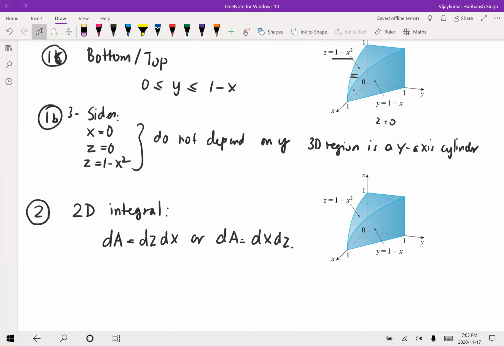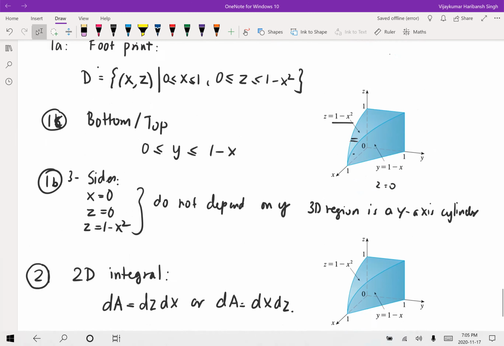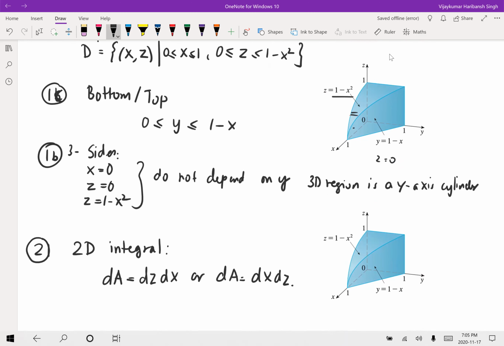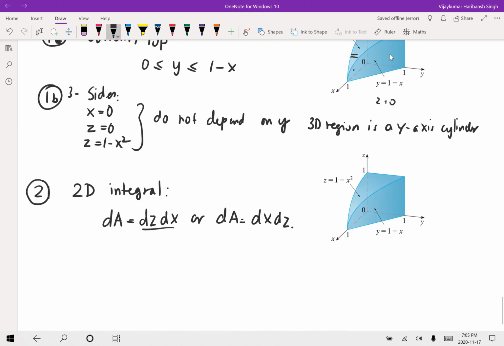In that case, our region D can be written as (x, z), where z is between 0 and 1 minus x squared, and x is between 0 and 1, right?